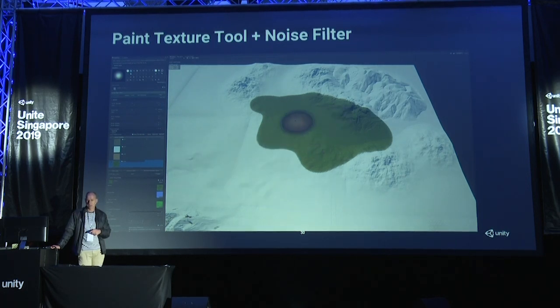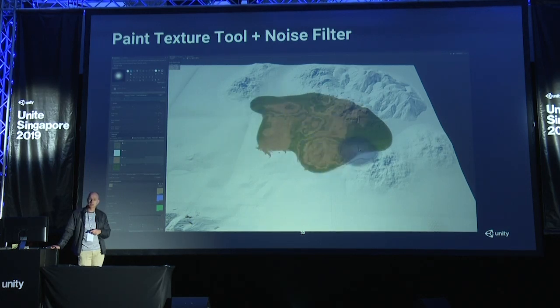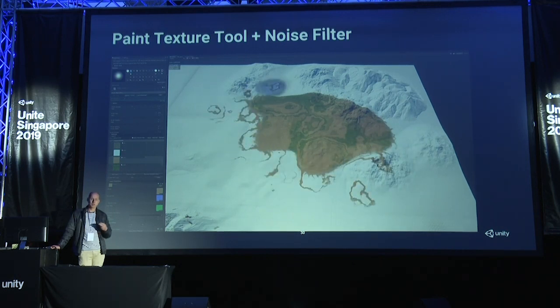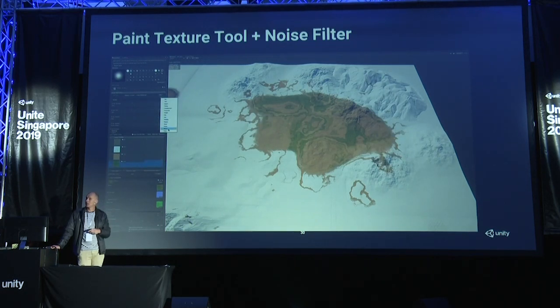Paint that on, and that gives, again, a more organic finish to the world. And then here we can say, okay, well, I only want that noise to apply to certain areas. And so you can see here, rather than it being flat, I've applied that brush, it's only going to apply it to whatever rules I've set up here, which means in this case I can quickly make bulk changes over my whole terrain without having to manually go in and paint the side of a cliff or just paint a certain area.